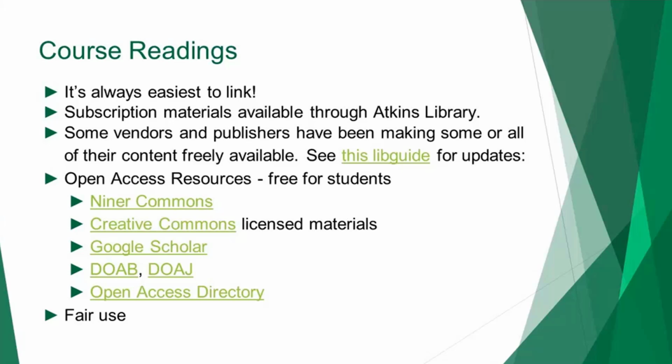It can come in the form of articles, preprints, reprints. It can also be data, theses and dissertations, other media. And you might also consider adding your own articles to UNC Charlotte's institutional repository, which is called Niner Commons. So that's a new resource we have available.